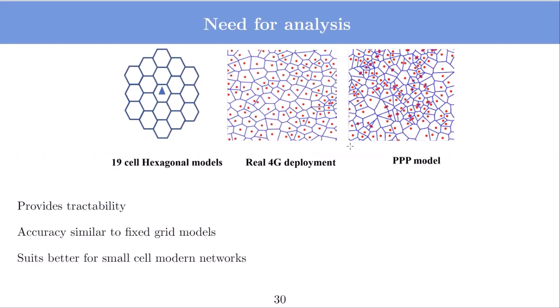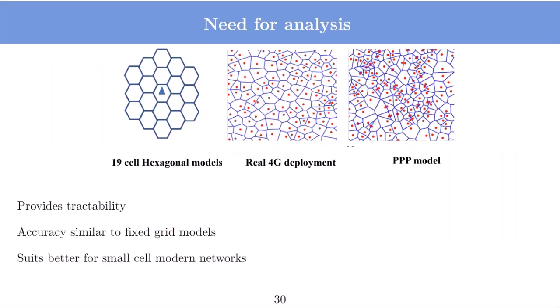So I have put three different figures. The middle one is the real 4G deployment from a US city. On the left-hand side, you have a conventional planned hexagonal model where every tower is nicely located with the same fixed distance. And on the right-hand side, I have a Poisson random model where the base stations are randomly located.